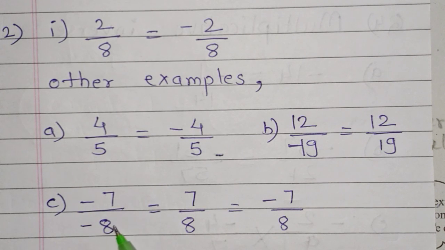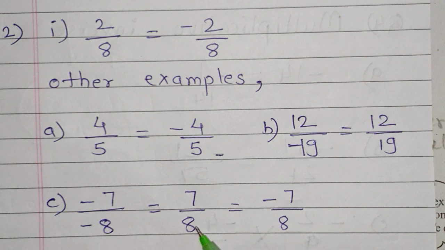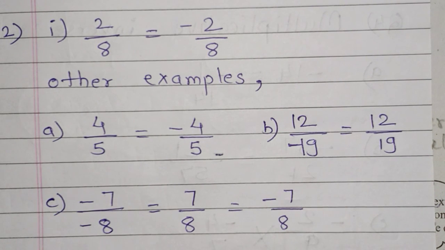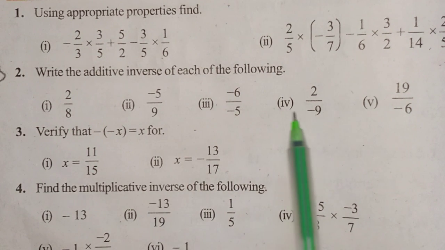Here minus 7 upon minus 8 is there. We have a negative sign in numerator and denominator, so it is nothing but 7 upon 8. We have seen this property while learning the integers. So its additive inverse is minus 7 upon 8. So now I want you to solve this question number 2.